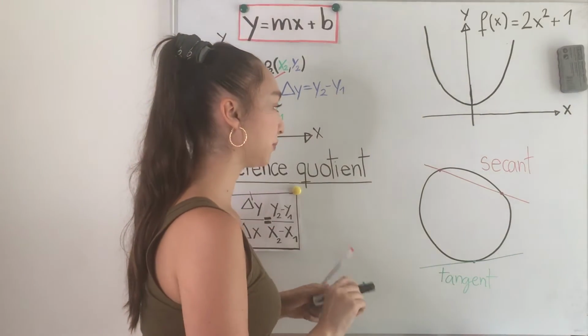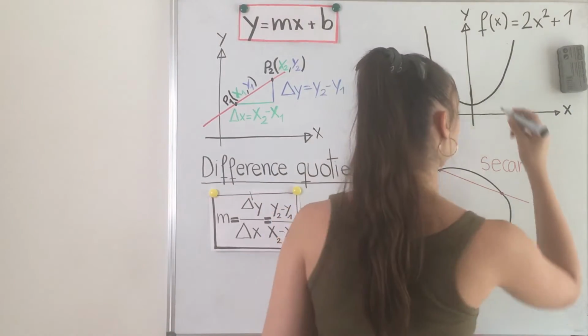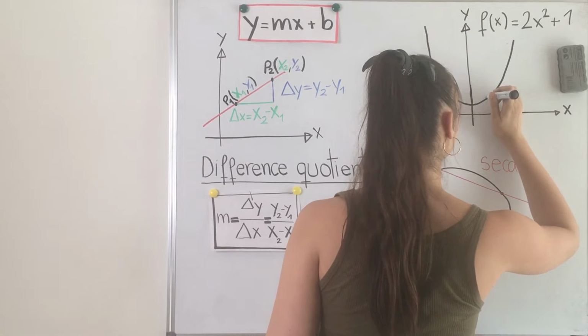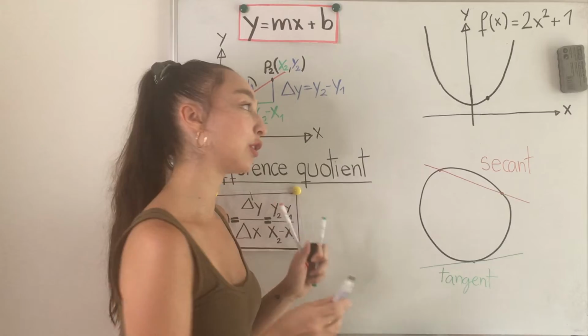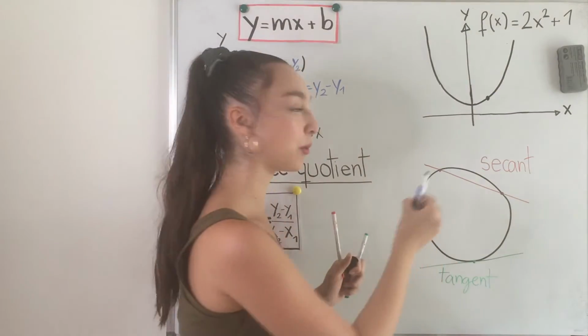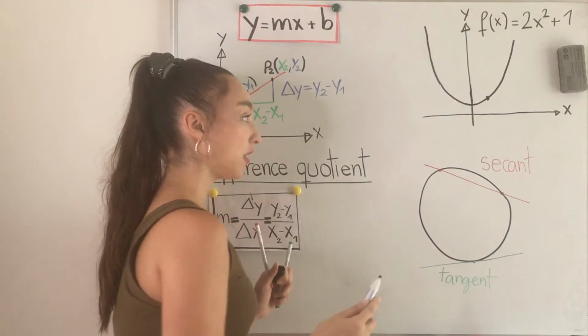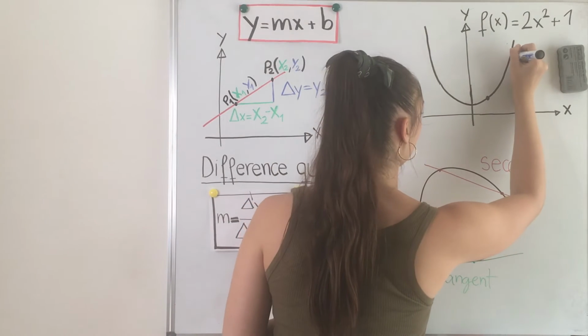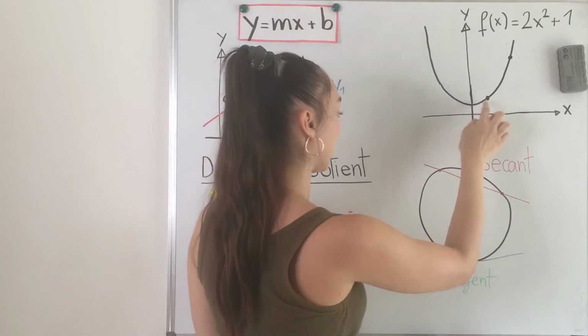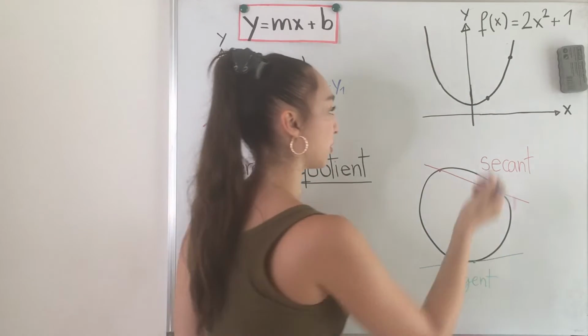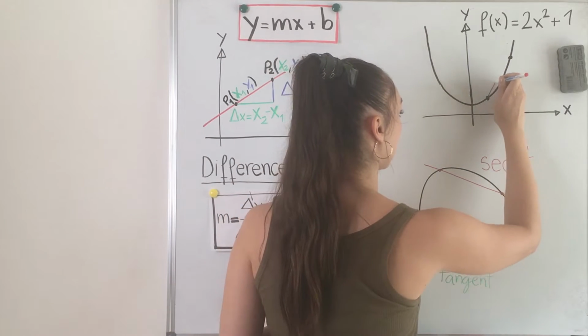So let's say we want to calculate the slope of the tangent line at this point. First, we're going to calculate the slope of a secant line that has this point in common with our function, but also another one. Let's say that one.